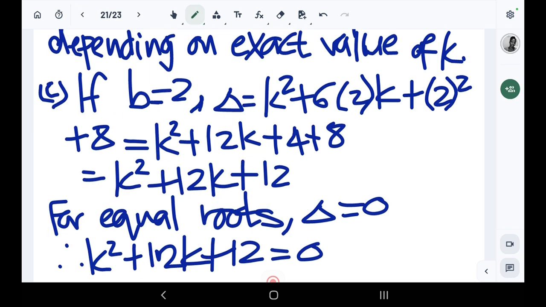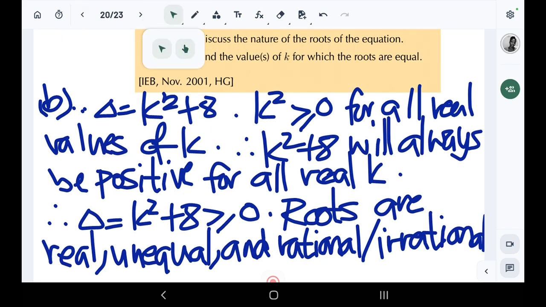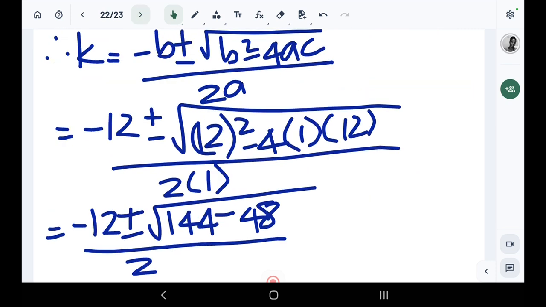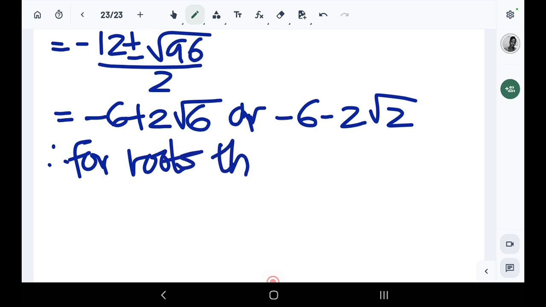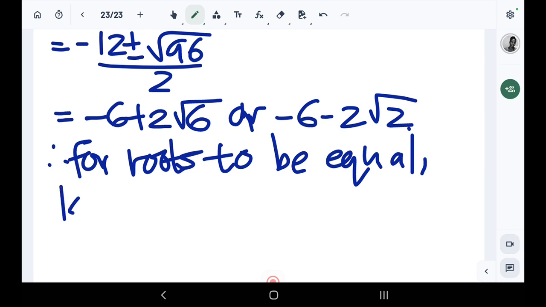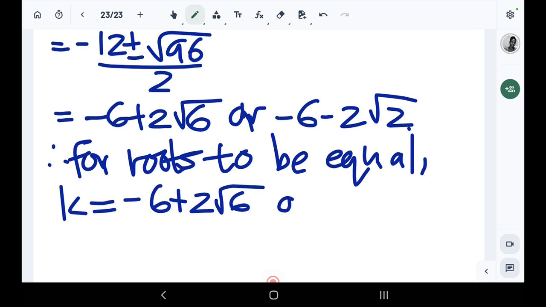Therefore, let's go back to the question. Therefore, for the roots to be equal, k must be equal to minus 6 plus 2 root 6, or minus 6 minus 2 root 6.